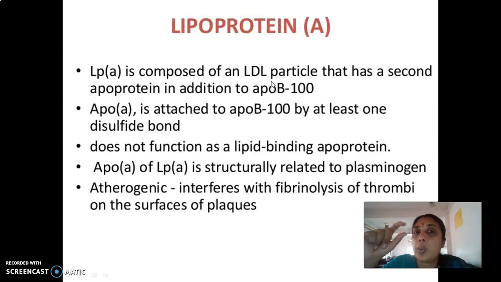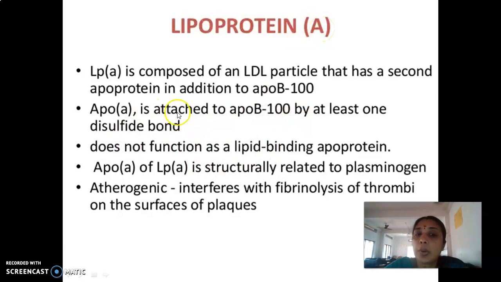If an LDL molecule has cholesterol esters packed in it and has another apoprotein along with ApoB100, like Apo(a), attached to ApoB100, then we call that lipoprotein lipoprotein(a). It is small letter a, not capital letter.